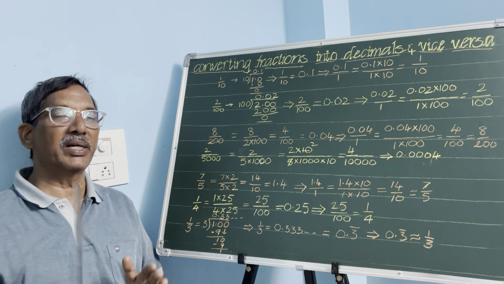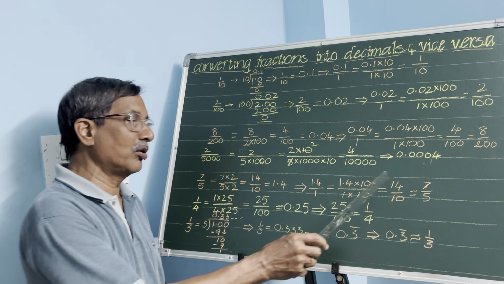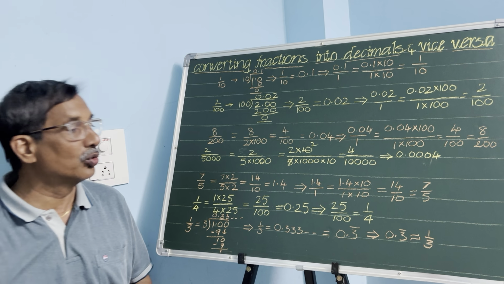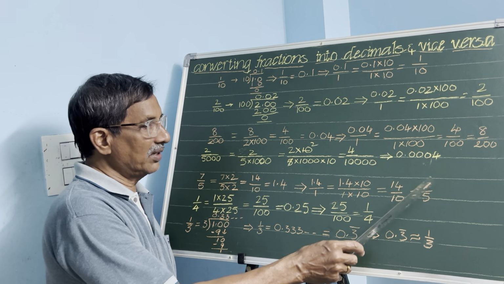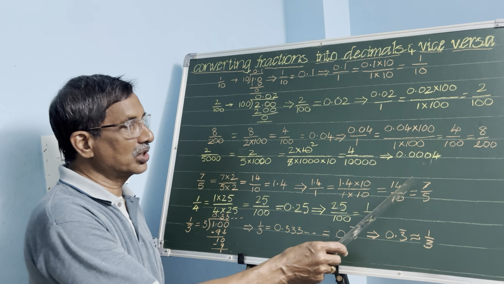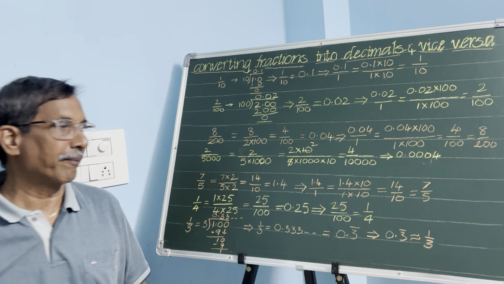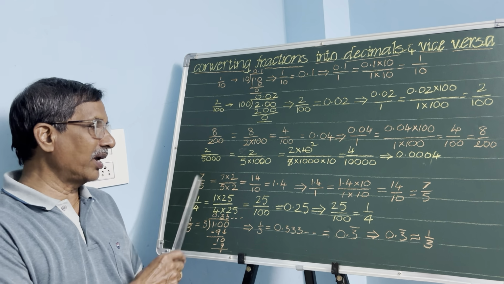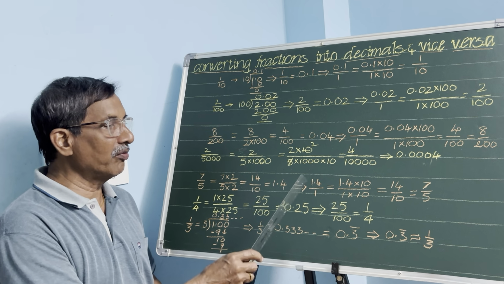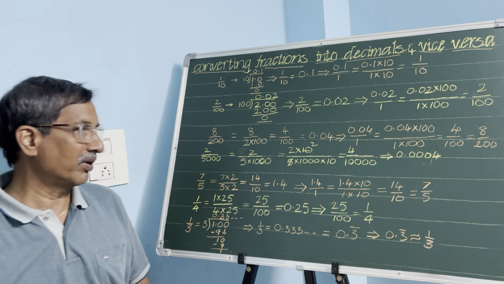By simplifying, dividing both the numerator and the denominator by 2, you will get 7 by 5. 7 2's are 14 and 5 2's are 10. So 7 by 5 is equal to 1.4, and 1.4 is equal to 7 by 5.